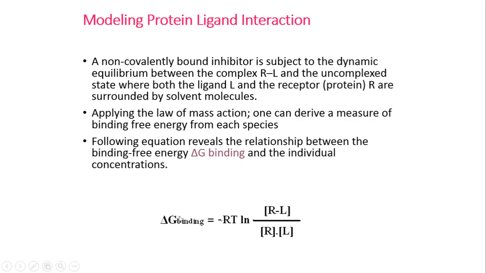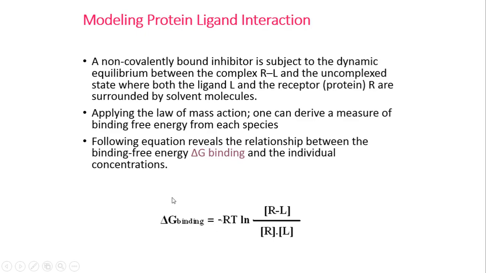You can derive the binding free energy if you know the concentration of those species, and the formula is simple: minus RT log of the concentration of the receptor-ligand complex divided by the product of the free concentrations of receptor and ligand. So if you know the concentration of receptor-ligand complex, and the concentrations of receptor and ligand, at room temperature, where RT corresponds to the temperature term, this equation would give you an estimate of binding free energy.